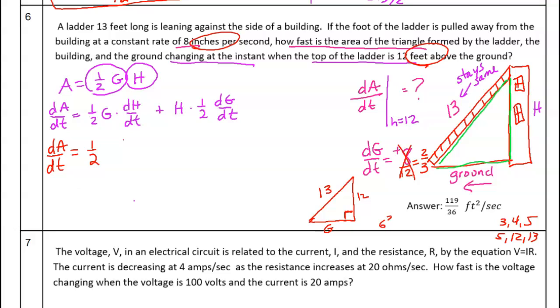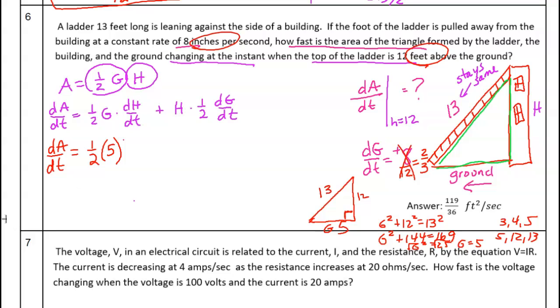Otherwise, you'd have to do g squared plus 12 squared equals 13 squared. G squared plus 144 equals 169. Subtract 144 and take the square root. So if you know your triples, you can just plug that in. And they are kind of assuming you know your triples, just to save time.